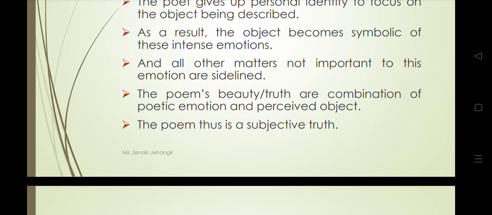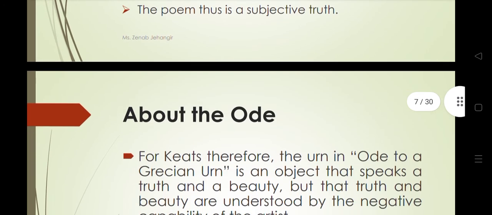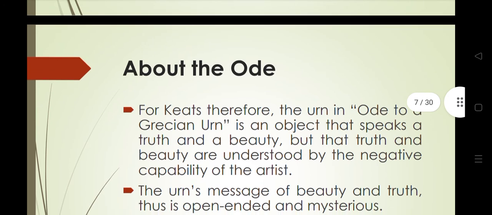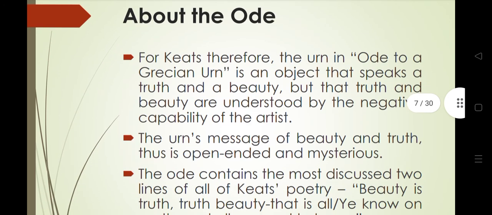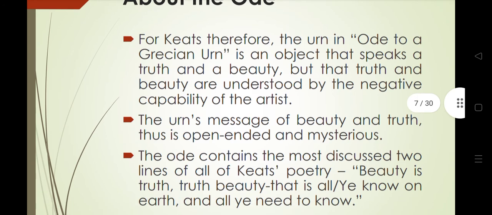Negative capability is used there, and the poem is thus a subjective truth. In Ode on a Grecian Urn, the object speaks a truth and beauty that are understood by the negative capability of the artist, art for art's sake.